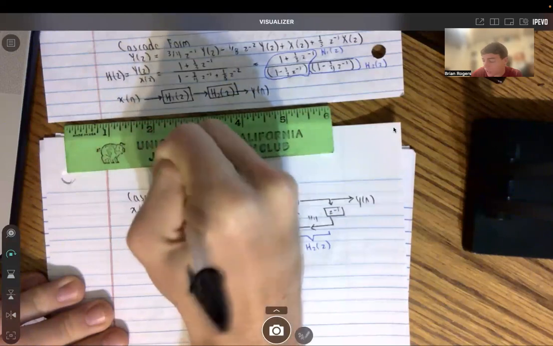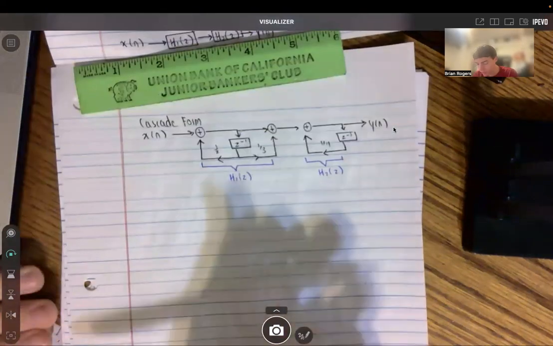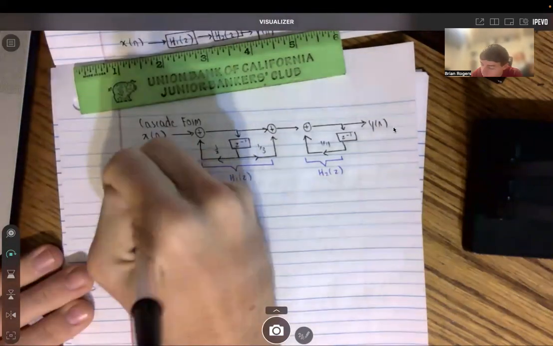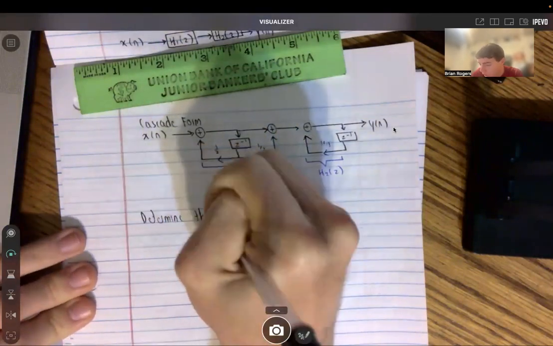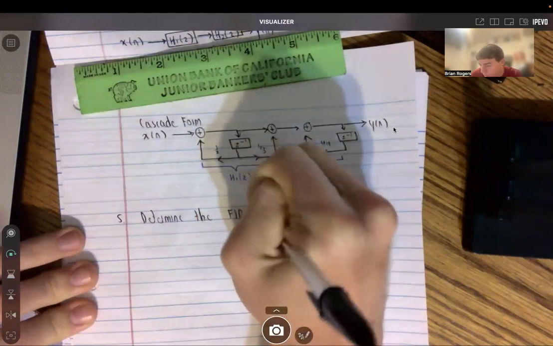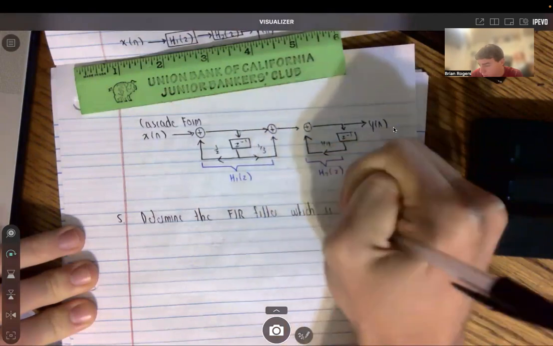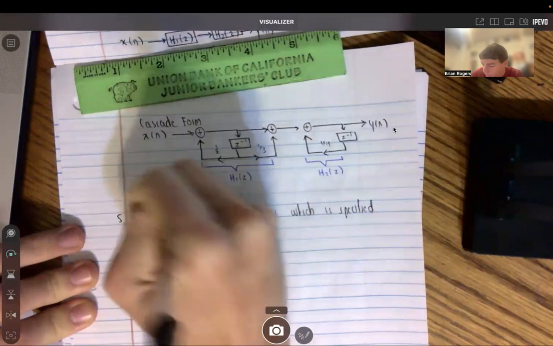It's a little different than the cascade form for the FIR filter, but just be aware of that. And then the last one here is going to talk about determining the FIR filter which is specified by lattice parameters.